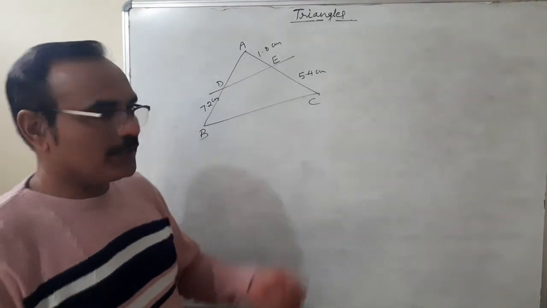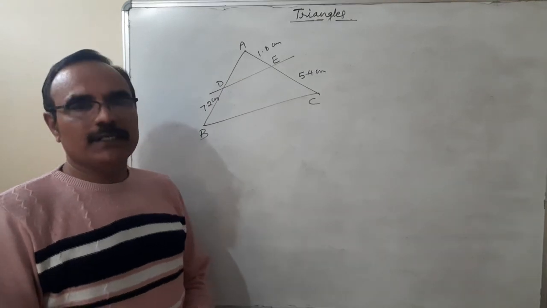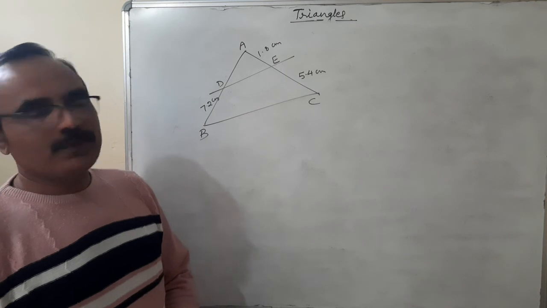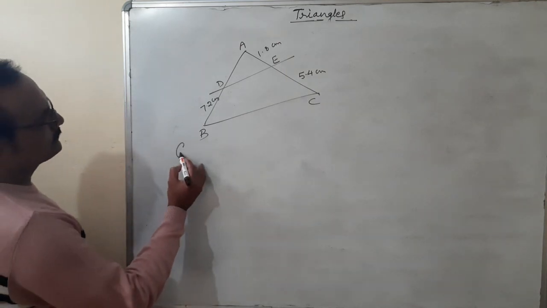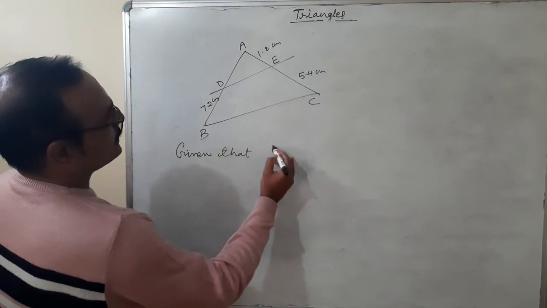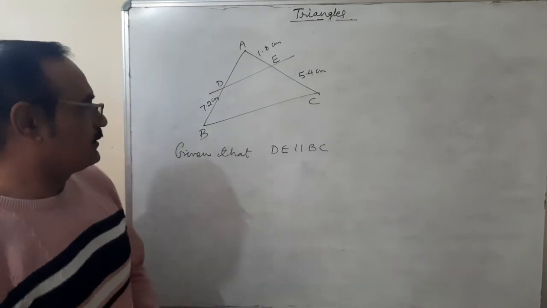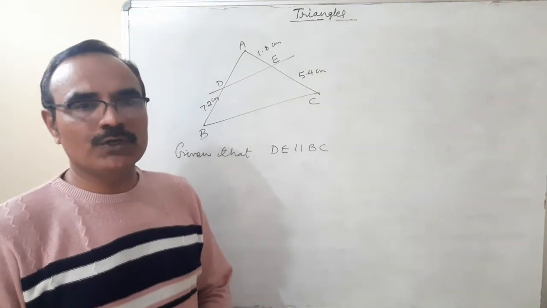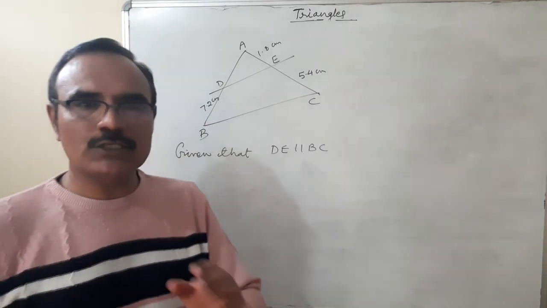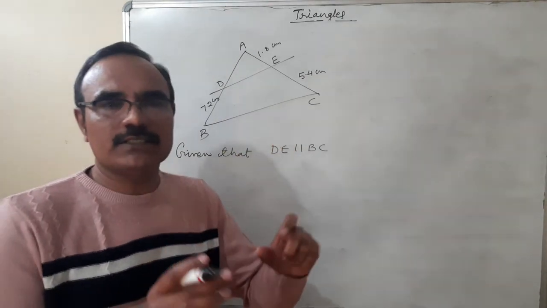Friends, I have taken one application of this Thales theorem. This is a triangle ABC. In this triangle, it is given that DE is parallel to BC. In the proof of Thales theorem, I told you very clearly that if in any triangle one line is parallel to another line, then this line will divide the other two sides in the same ratio.